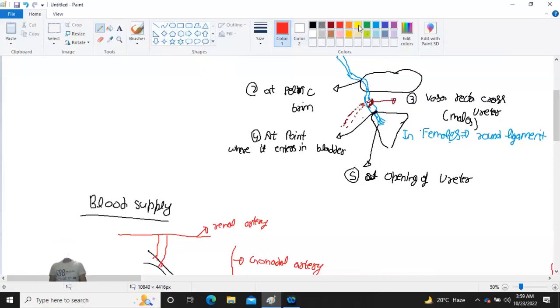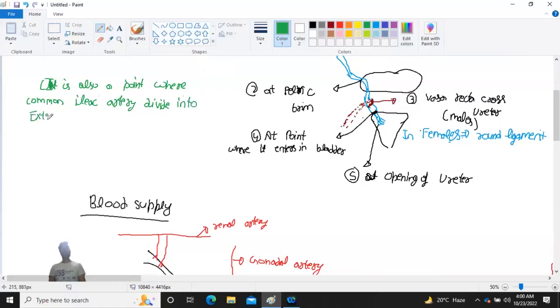So we write here, it is also a point where common iliac artery divides into external and internal iliac artery.